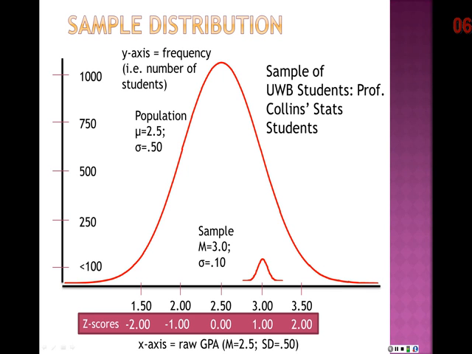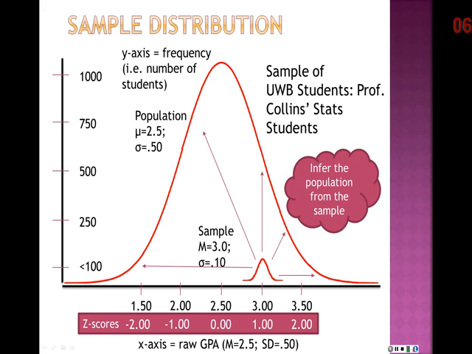In statistics, if for some reason we can't get the population distribution, which is oftentimes the case, what we're trying to do is infer the larger distribution of the population based on the distribution of this smaller sample.